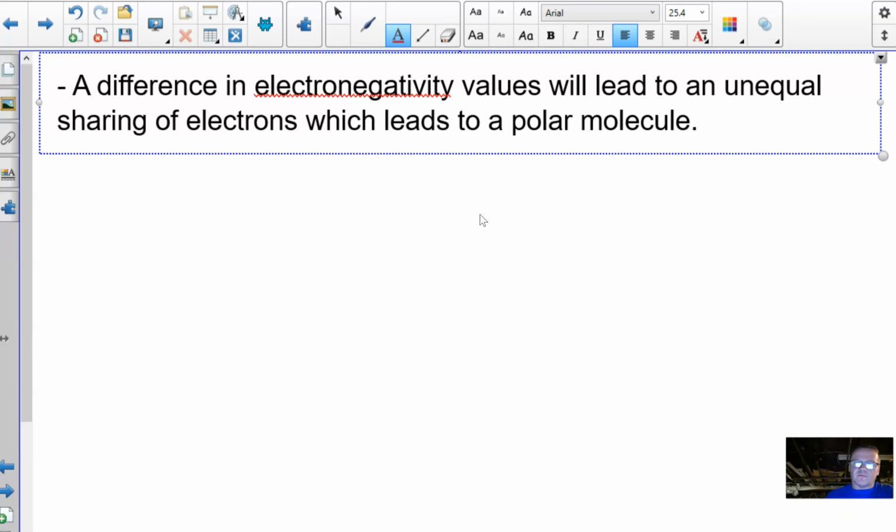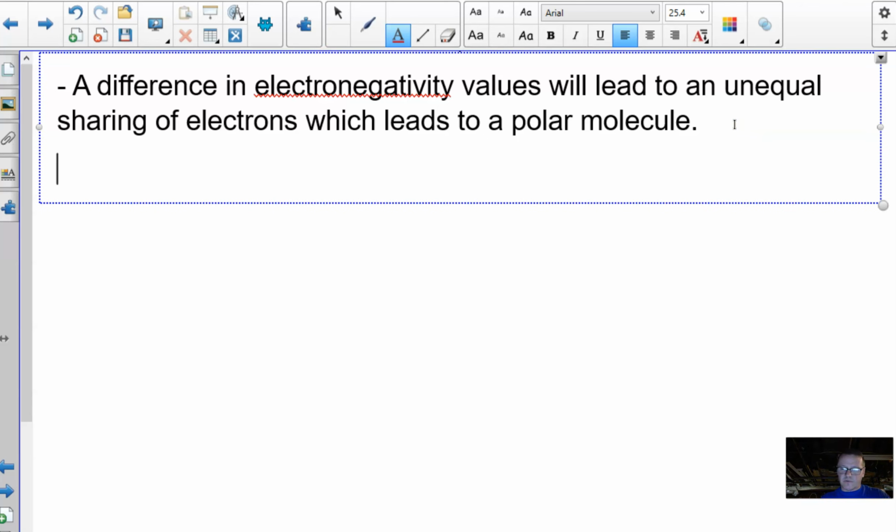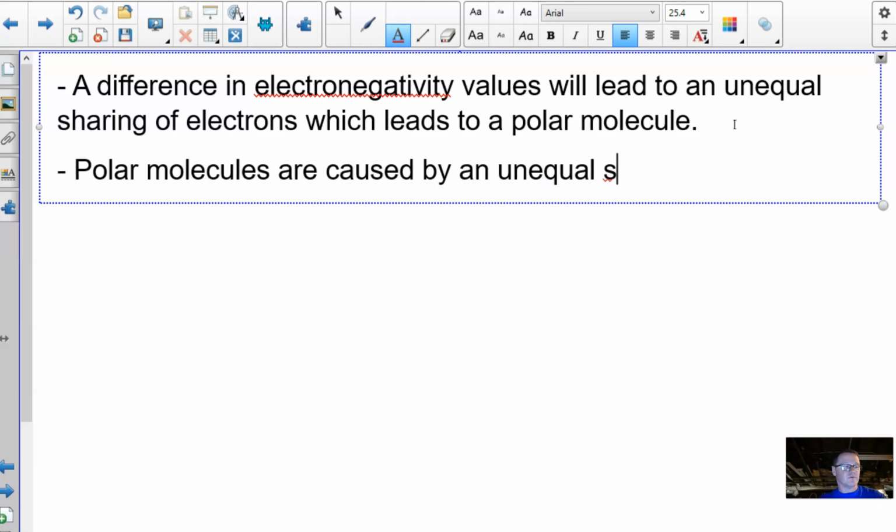Another phrase that you might hear is that polar molecules are caused by an unequal sharing of electrons. Sometimes the electronegativity concept doesn't get thrown in with this polarity talk, but polarity is technically grounded in the fact that those elements have different electronegativity values.